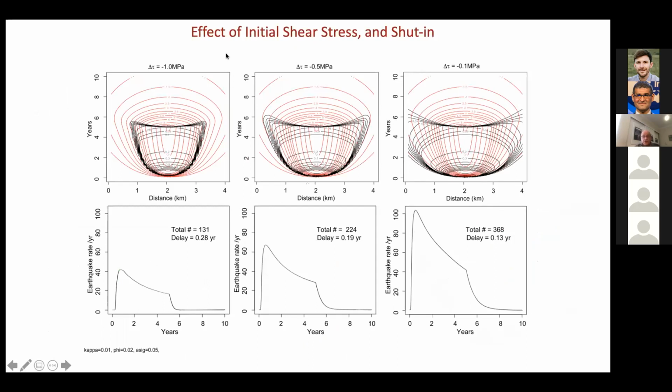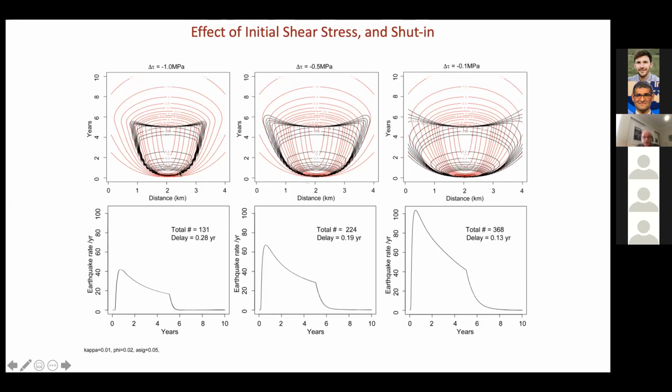Going back now to that range of initial stresses where you can get induced seismicity, this shows that effect. Across the top, you see these are the initial stresses. They all fall within that range of potentially inducing earthquakes. This is 1 MPa below the maximum value for the initial stress, and this is very close to the threshold stress for spontaneous nucleation without any fluid pressure changes.